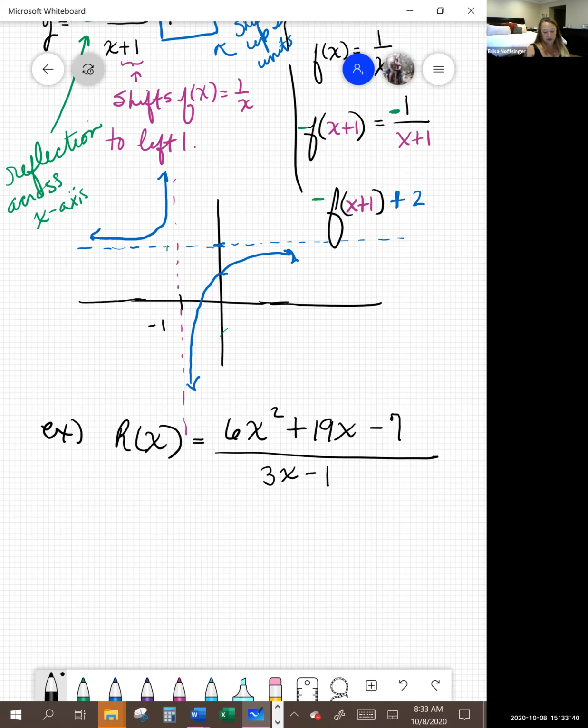Notice the degree of the numerator is 2 and the degree of the denominator is 1, so the degree of the numerator is 1 larger than the denominator. And so this tells me there's a slant asymptote.